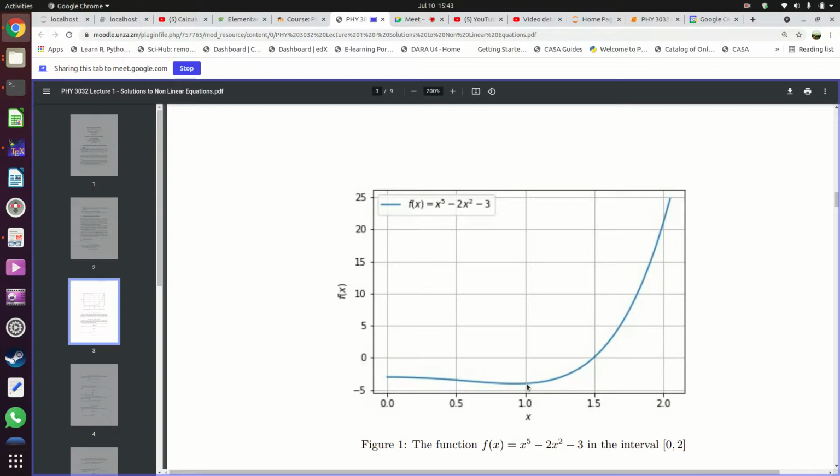It's clearly not the answer, as you can see, because at 1, our function f of x has got a negative value. The answer itself is much closer to 1.5 than it is to 1. Is that clear? It's clear. But the reason why we are guessing, adding the lower boundary a plus the upper boundary b, then dividing by half, is because we want to come up with a way of making this bracket smaller.